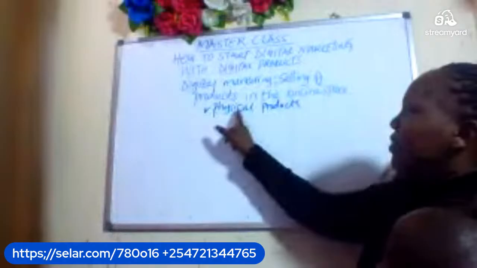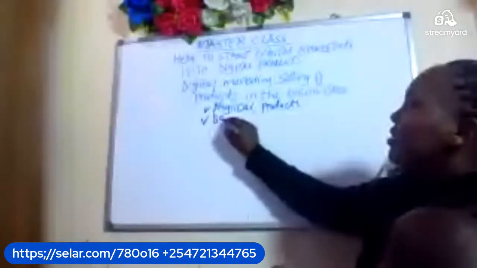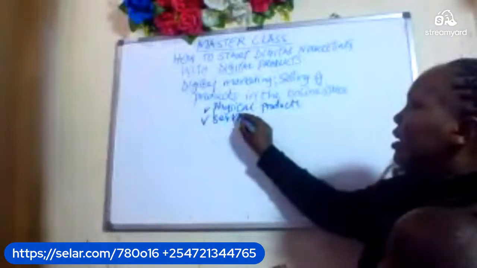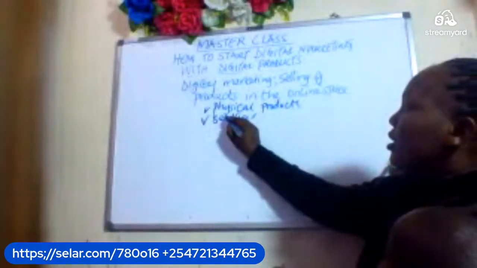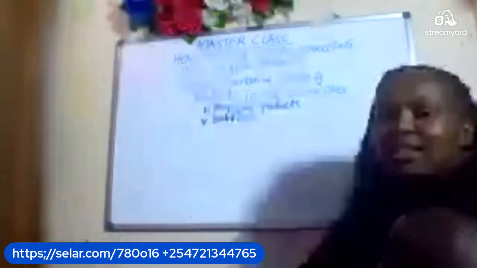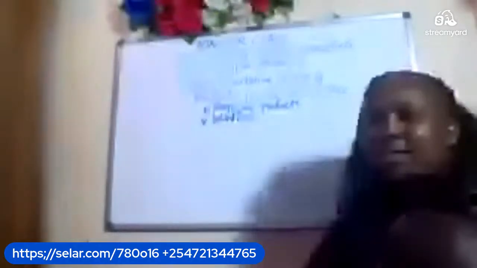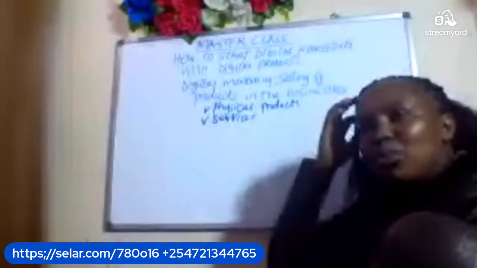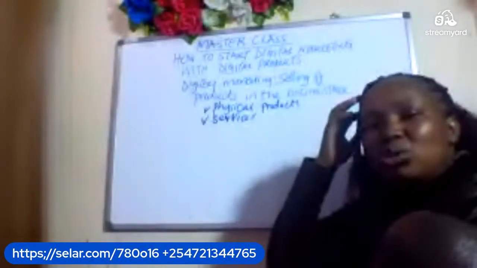Then we got people who normally market their services. They say, okay, we put tint on cars, or maybe they say that we offer cleaning services, and if you require us, this is how you can reach us. Those are people who are selling their services. We have people who do online writing. What they normally do is that they are marketing their skills.